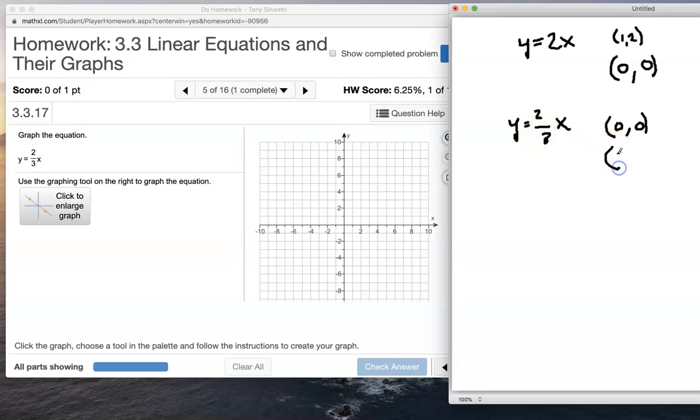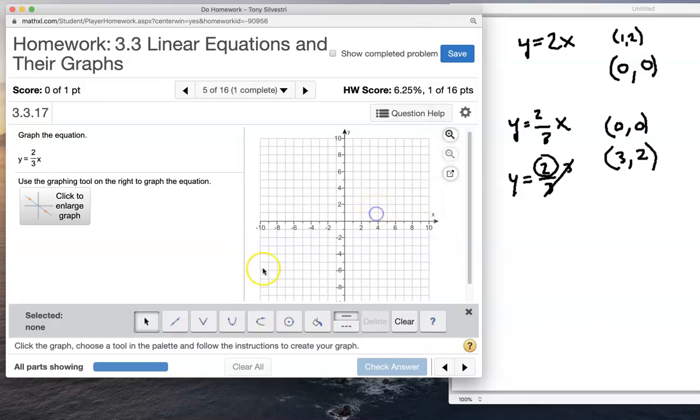If I put in 3 there, that's the denominator of the fraction, because you get to pick whatever you want for x. 2 over 3 times 3, the 3s cancel, so y must be equal to 2. Okay, the hard work is done. We've generated our own 2 points.